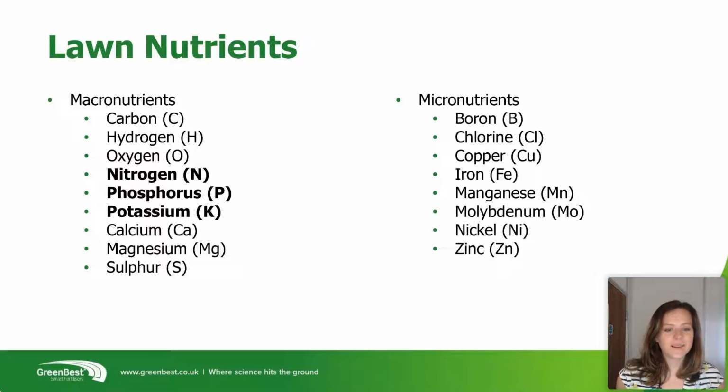I remember when I was preparing for my job interview to come here to GreenBest nearly 8 years ago now, I was looking into fertilisers because I had no fertiliser knowledge at all back then, but I had been to university and had some biological knowledge. I came across NPK, nitrogen, phosphorus, potassium, and I thought I'd have a look at a fertiliser packet to see what they say. I went to the garage and got a bag of Growmore, I think it was a 7-7-7, and there it was, nitrogen, phosphorus, potassium.